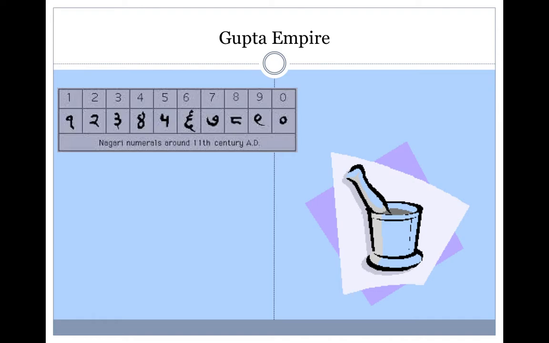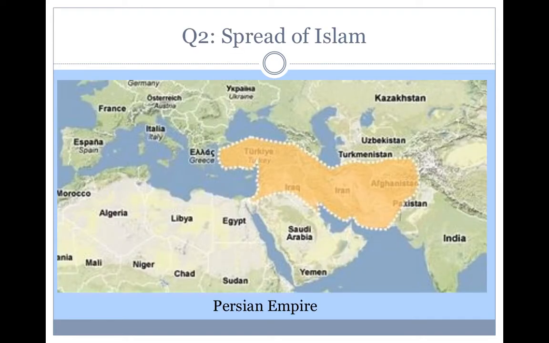And then we see Islam start to spread into India. So let's talk about how that happened. We're on the second question now, the first bullet.